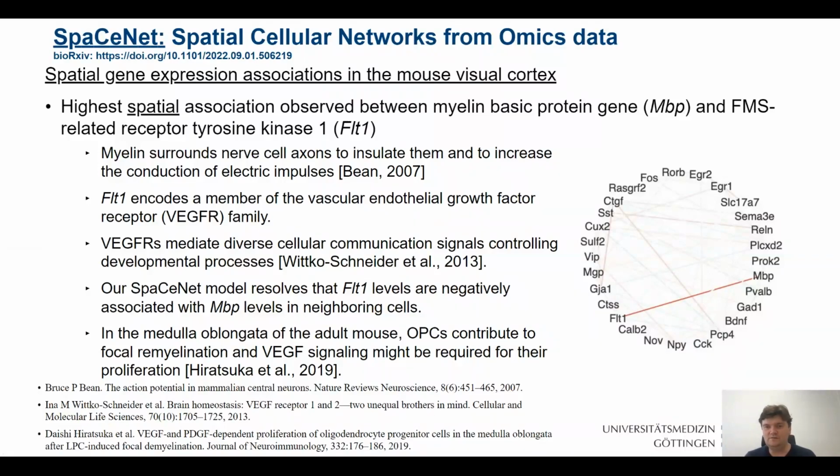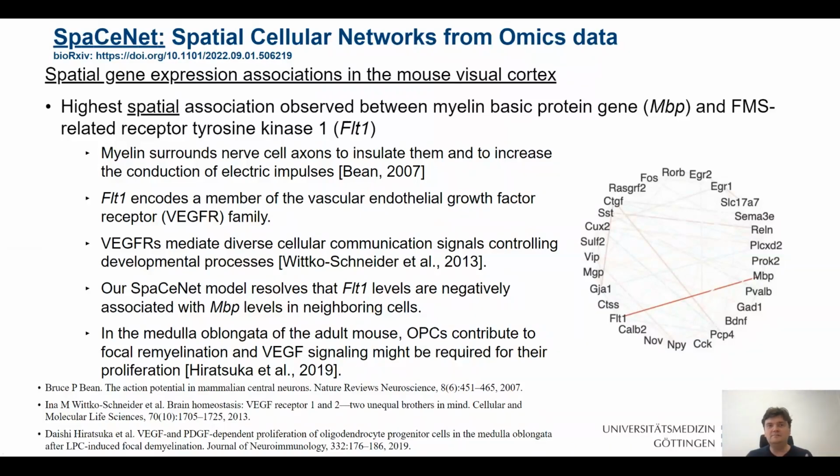And indeed, that also fits nicely into the literature. In a part of the adult mouse, it was shown that oligodendrocyte precursor cells contribute to focal remyelination, and VEGF signaling might be required for the proliferation. So it is known that these OPCs.